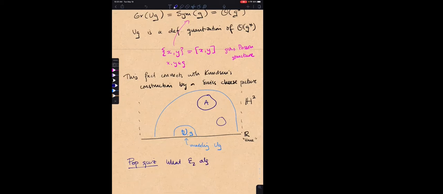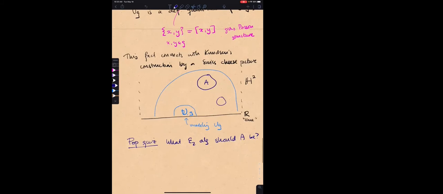What E2 algebra should A be? What's the natural E2 algebra to have act on the enveloping algebra, UG? This is partly just to test if I've gauged the audience correctly.